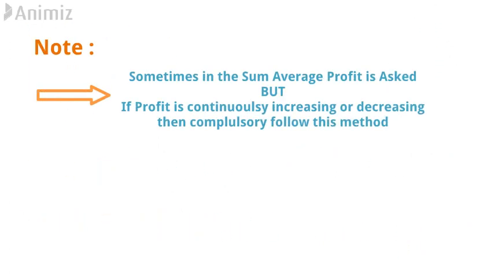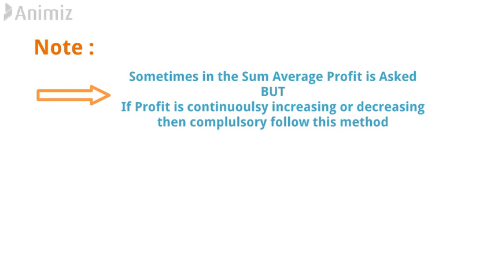Friends, you need to take care of two things. First, sometimes in the sum, average profit is asked, or sometimes it is not mentioned which method you need to follow. But if profit is continuously increasing or it is continuously decreasing, then compulsory follow this method of weighted average profit.